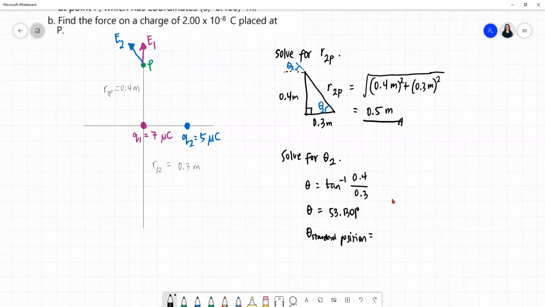So we need to subtract it from 180 because we are measuring from the negative x-axis.